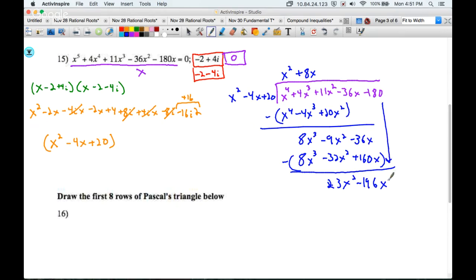Drop down the last term. Hoping this is going to work out. The next one's got to be a 23 to get a 23x squared. Negative 4 times 23 is negative 92. It's concerning me because that's not going to give me 0 remainder.